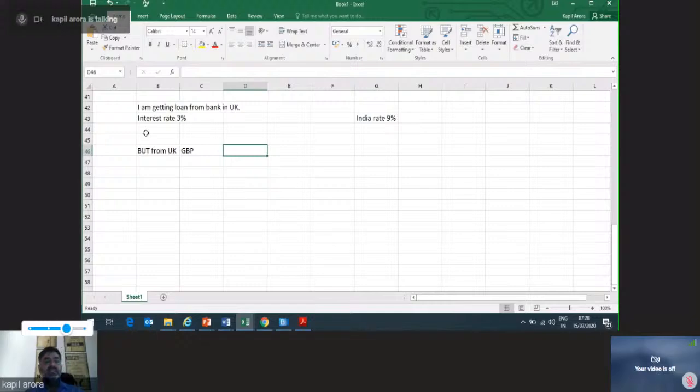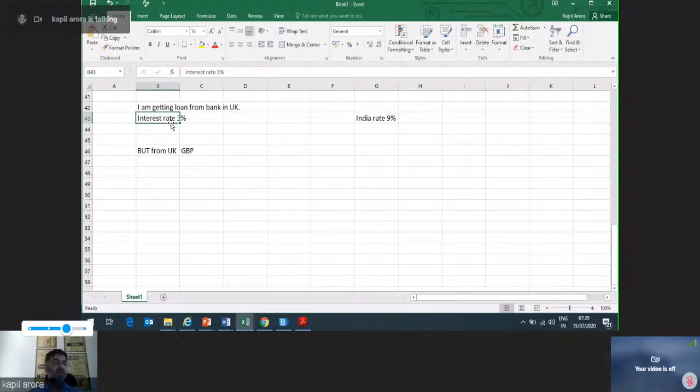So though I have got the interest at a cheaper rate, it gives me a risk. The risk is that the value of GBP may go up, may go down. If the value of GBP goes up or down, it is going to add an exchange gain or loss to my financial statement. Now that exchange loss can also be considered as borrowing cost if that is related to the loan which is being taken for a particular asset.